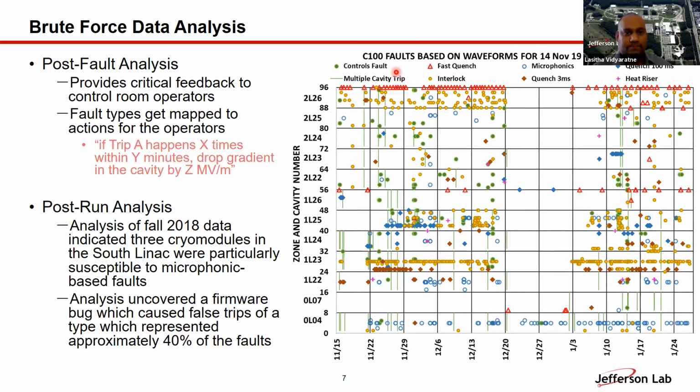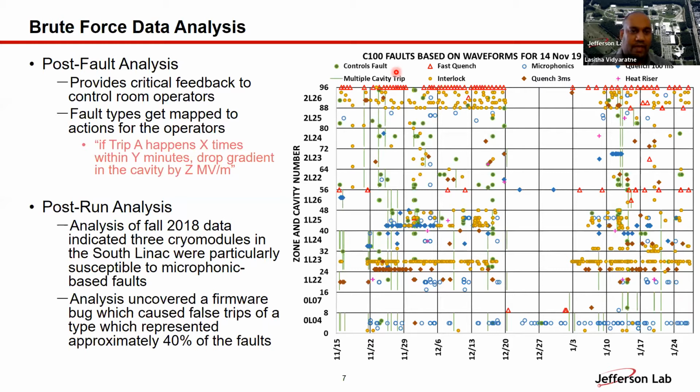the failure stops. The other type of analysis is post-run analysis, where we look at the data for a long period of time, possibly several months to a full run, so that we could identify issues with hardware itself.